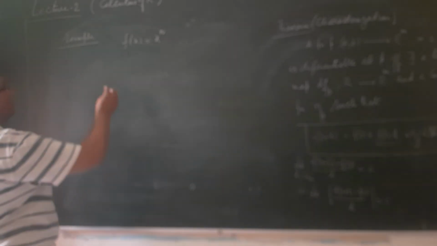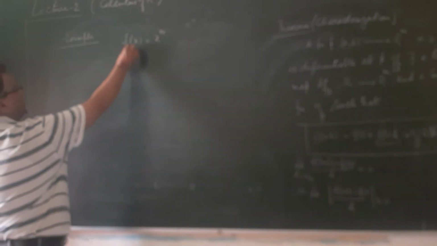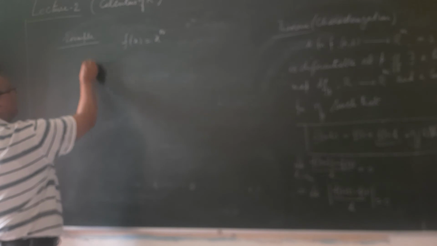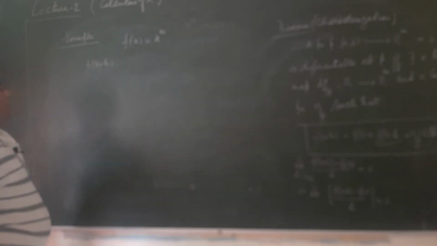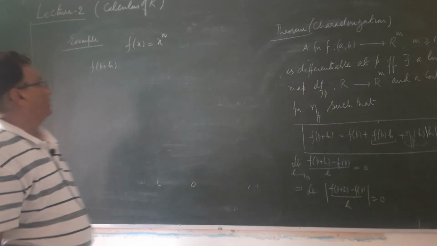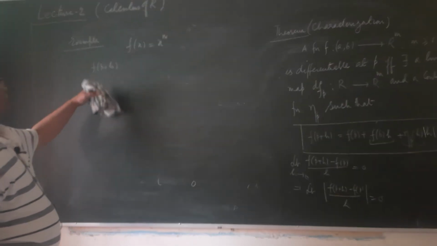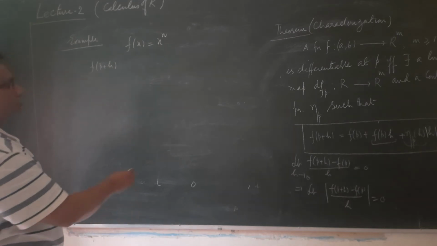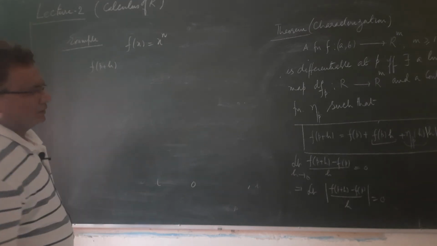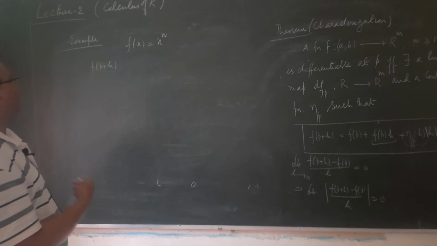I will use this characterization to see what the derivative is. Is it differentiable or not, and what is its derivative if it is. So let me check its derivative at a point p. I am considering the function f(x) equal to x to the power n, and I will apply the formula to check the differentiability of f.